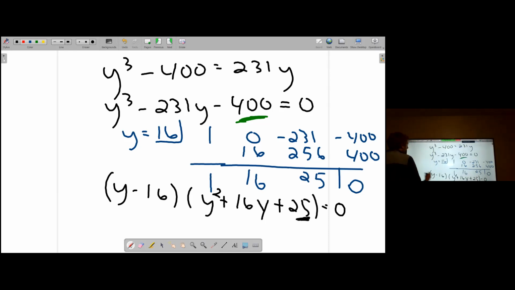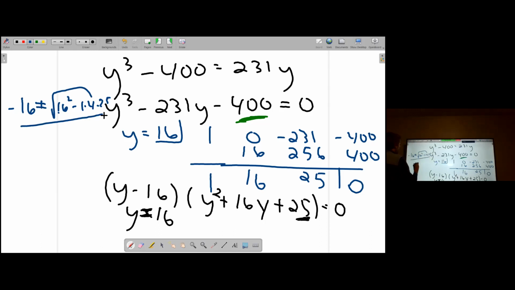So we get solutions of y is equal to 16 and, let me maybe squeeze it in over here, if we do the quadratic formula, it's going to be negative 16 plus or minus the square root of 16 squared minus 1 times 4 times 25, all over 2.